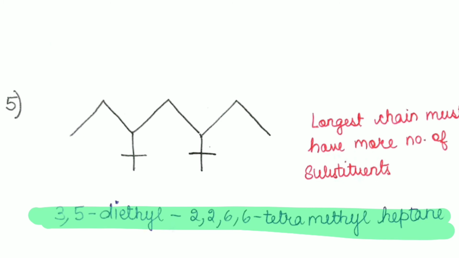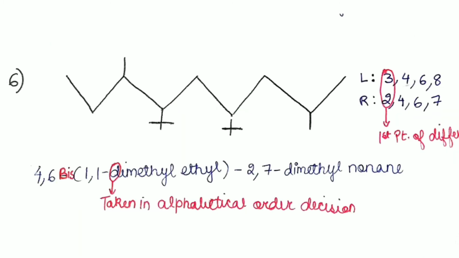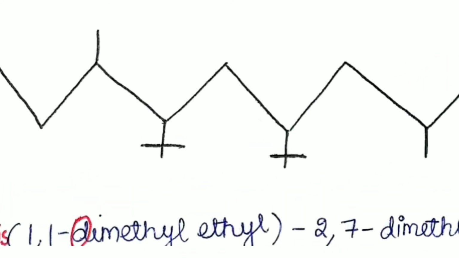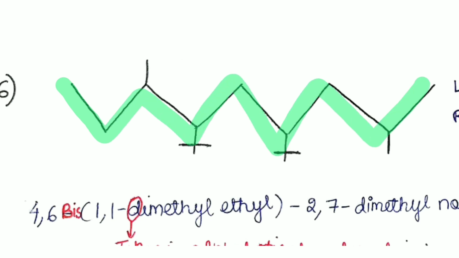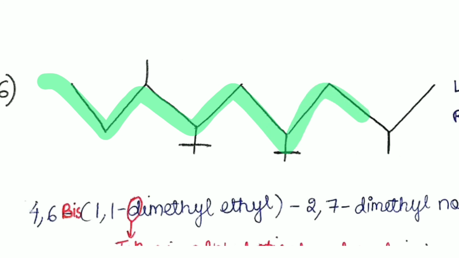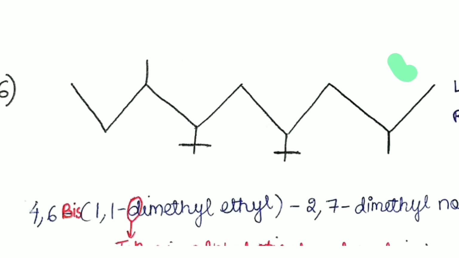Now let's come to the last question of this very lesson. This consists of a principal carbon chain of 9 carbon atoms, as we can see. In no other way are we getting 9 carbon atoms here. So now all we have to decide is whether we are getting the lowest locant from the left hand side or the right hand side.